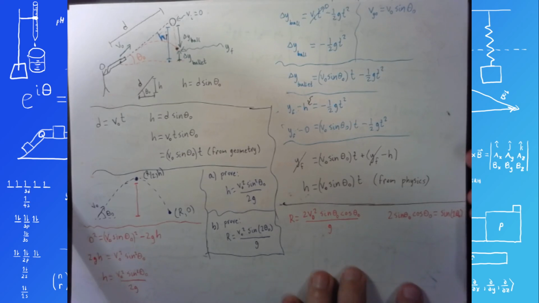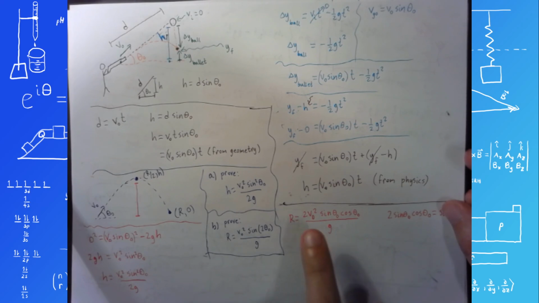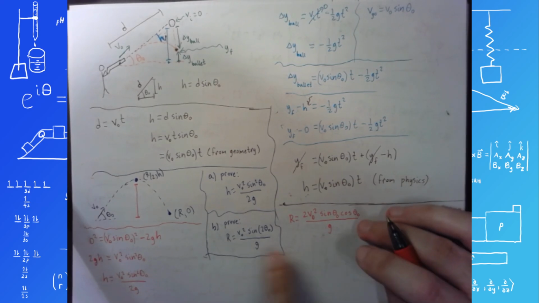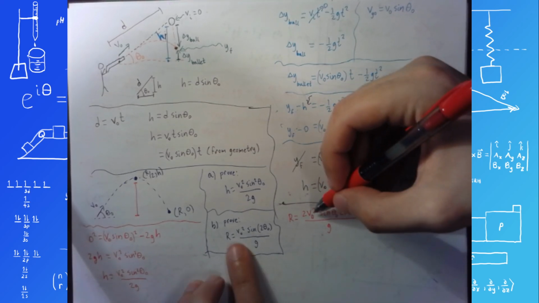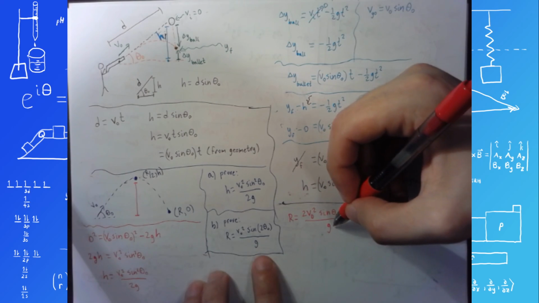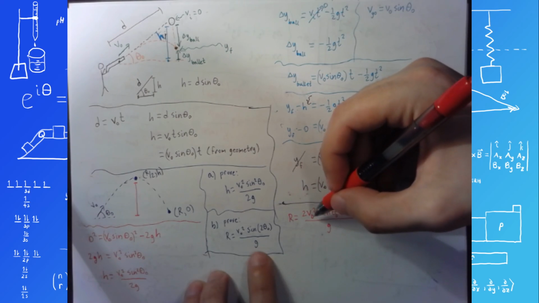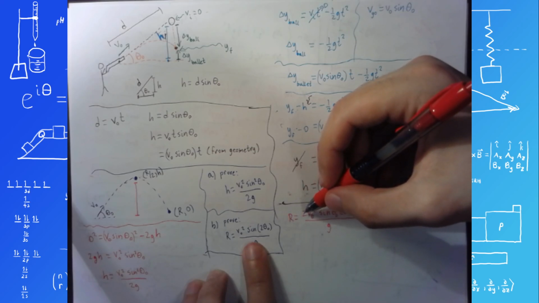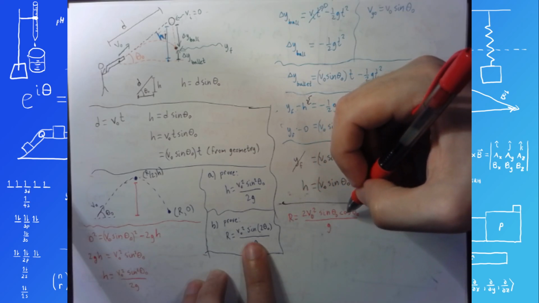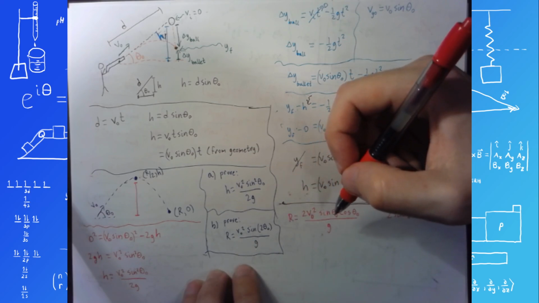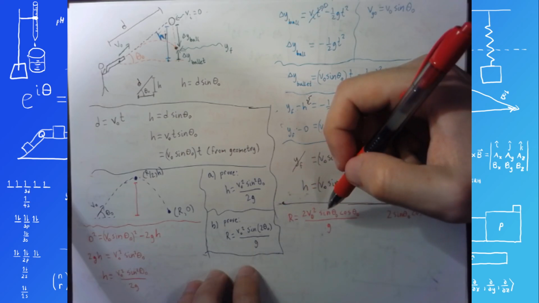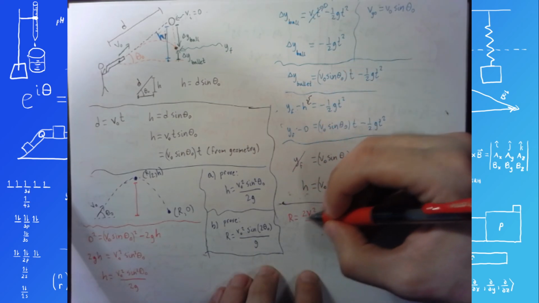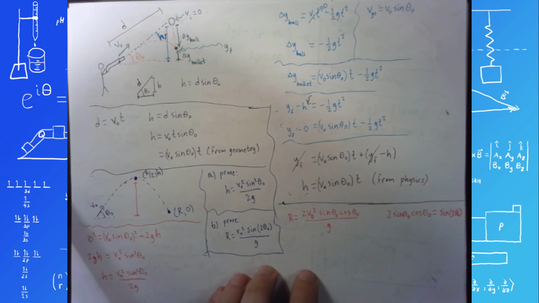If you didn't realize you were supposed to use this trig identity, all you would have to do is look at what you have here and compare it to the thing you're trying to prove, and you'll see the v0 squared, that matches, the over g, that matches, so you're left to conclude that somehow 2 sine theta 0 cosine theta 0 equals sine of 2 theta 0, and that should be the hint that you can give yourself to remember and pull this trig identity.